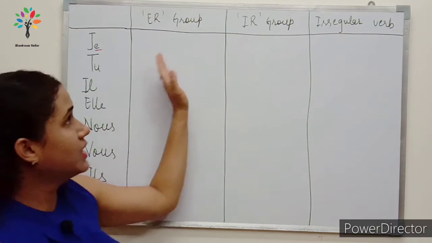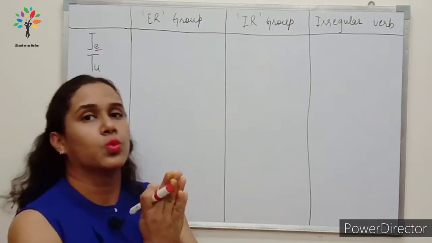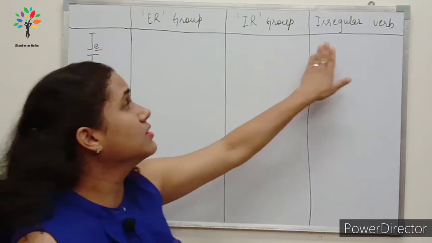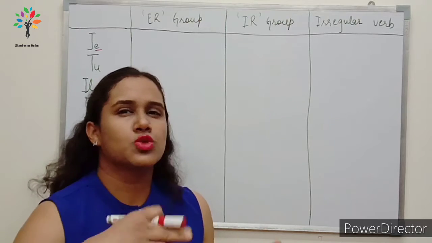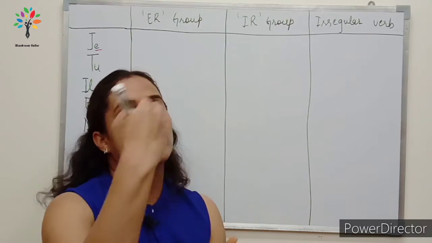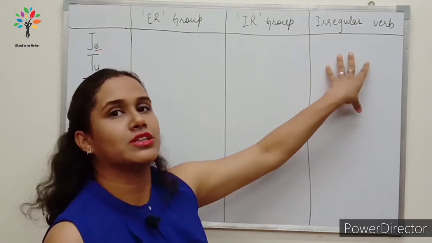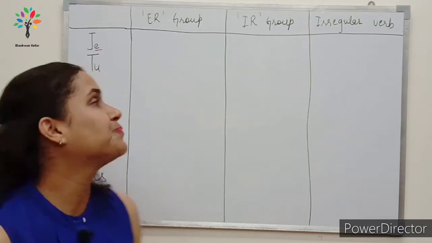The second biggest group is the ir group, where the verbs which end in ir come. The last group is the irregular verbs, where there is no specific ending or trend which can be seen. Therefore they are termed as irregular. There is no regularity among them.